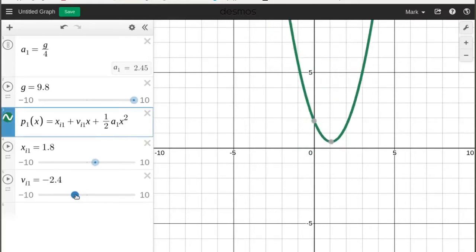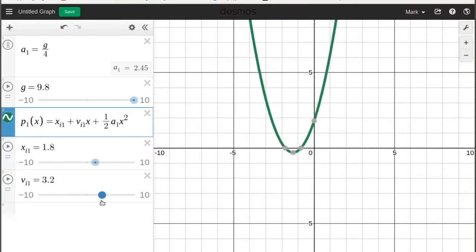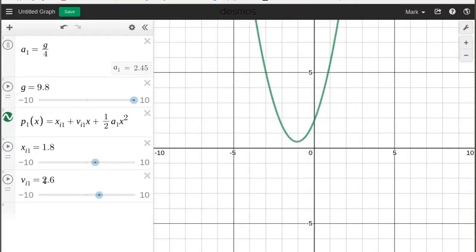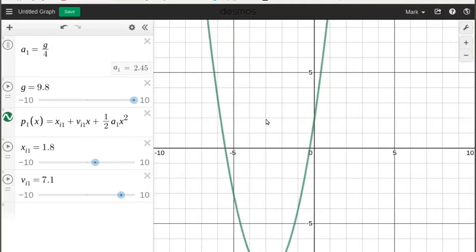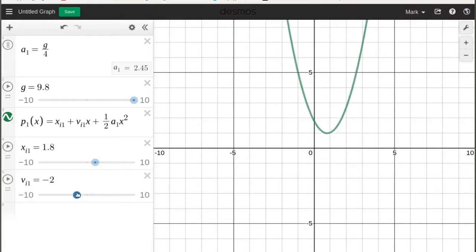And if I move the velocity around, then it changes the initial velocity. It's saying initial velocity 2.6, that's changing the slope at the intercept. If I make it steeper, that makes it steeper at the intercept. If I put it on the other side and make it negative, that means it's pointing downwards at the intercept.